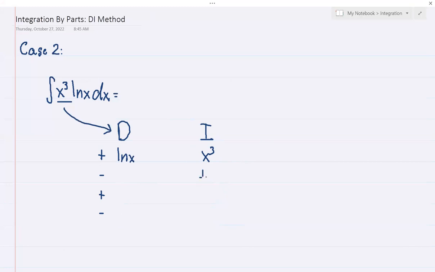So we will have 1/4 times x raised to 4, and then 1/20 times x raised to 5, and so on. See, we can easily integrate x cubed. It's easy, compared to ln of x, where you're going to apply other techniques. Unlike here for x cubed, it's easy.